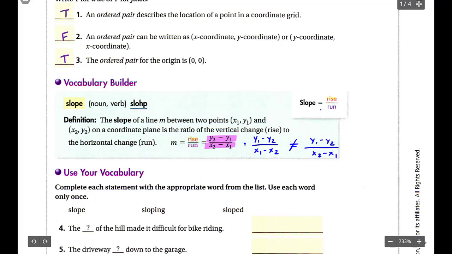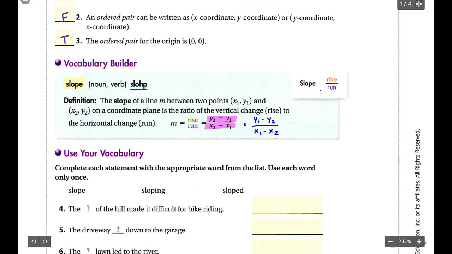That is not equivalent, because you're going to end up getting a sign change in your final result. But what I have written there in blue, what's left on the screen, that is acceptable. So you can do y2 minus y1 over x2 minus x1, or you can do y1 minus y2, as long as you do x1 minus x2 in the denominator.